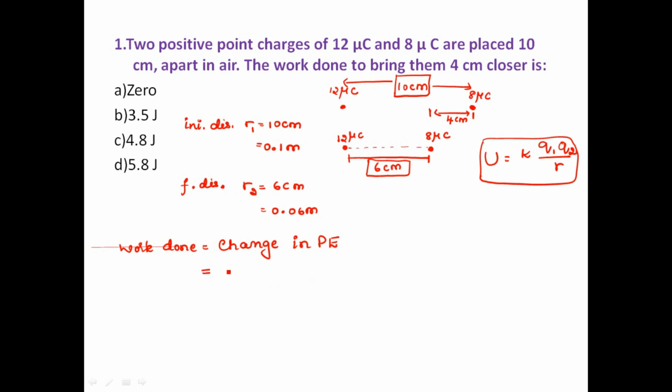Change in potential energy can be written as U final minus U initial, which is equal to work done, right? I can write this as K, the constant, which is 1 by 4 pi epsilon naught, K into Q1 Q2, open bracket, 1 by R2 minus 1 by R1.